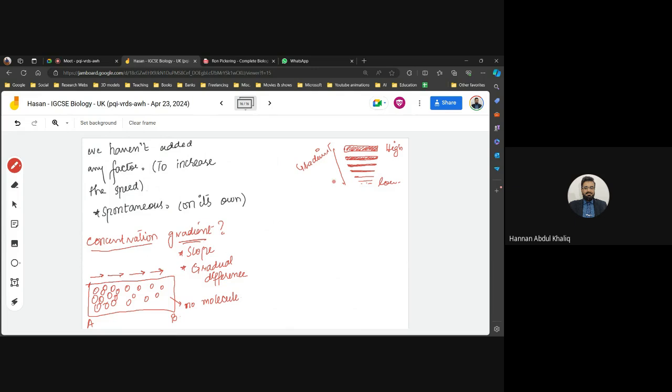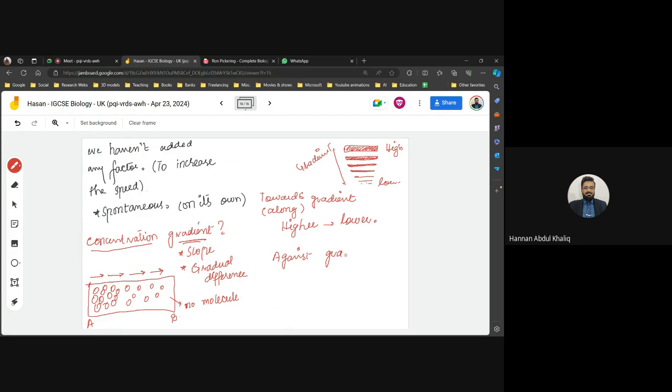So there are two terminologies that we often use. Something moving towards concentration gradient. When you use the word towards or along, it means higher to lower, the pattern of gradient. And there is another word, against.